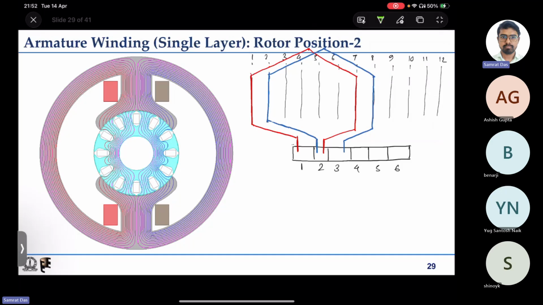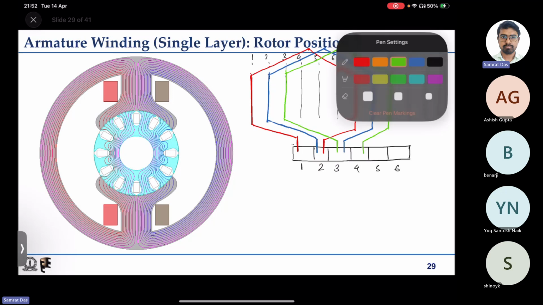Next, let us take green. It will start at segment number 3, go to slot number 3, and the other side will be at slot number 9. It will come back here.